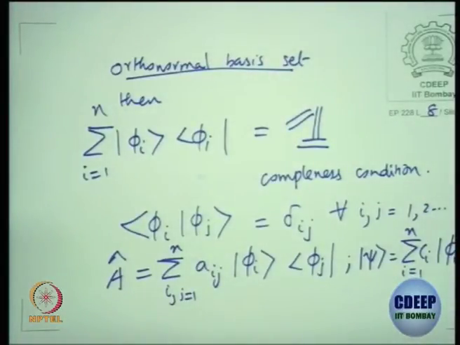This is clear? Play around between Dirac notation and your familiar matrices in a 2-dimensional vector space and 2 cross 2 matrices. If you are clear about this, you can do any 3 cross 3, n cross n. What happens to functions of operators?